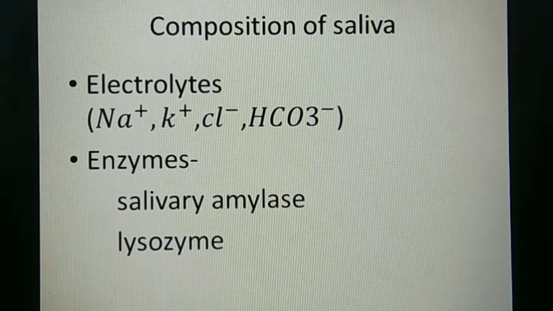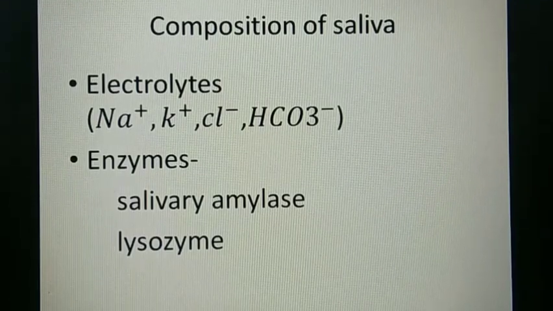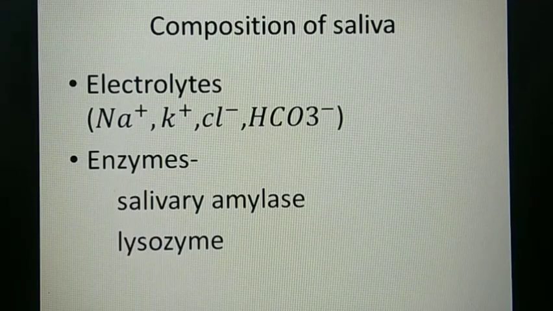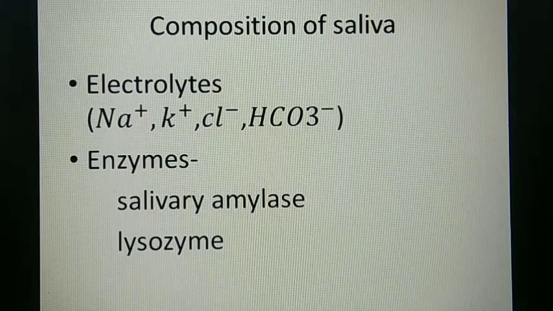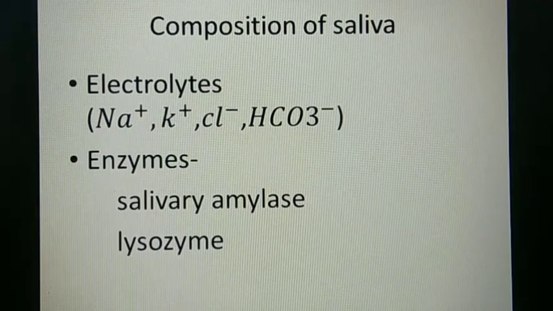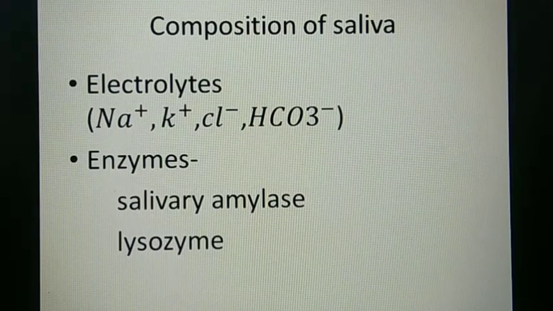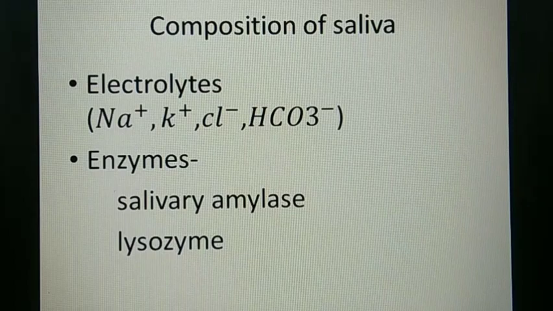Salivary amylase enzyme converts the complex starch, that is, starch is a complex carbohydrate, into a simpler substance called maltose. Or we can say starch is a polysaccharide, which is a polymer consisting of many sugar molecules, and it will be broken down into simple sugars which consist of a lesser number of sugar molecules.